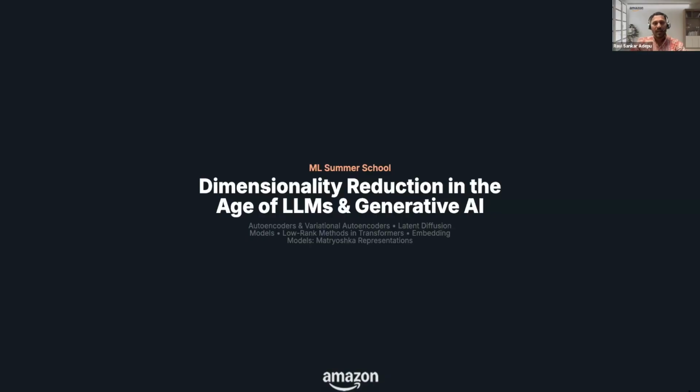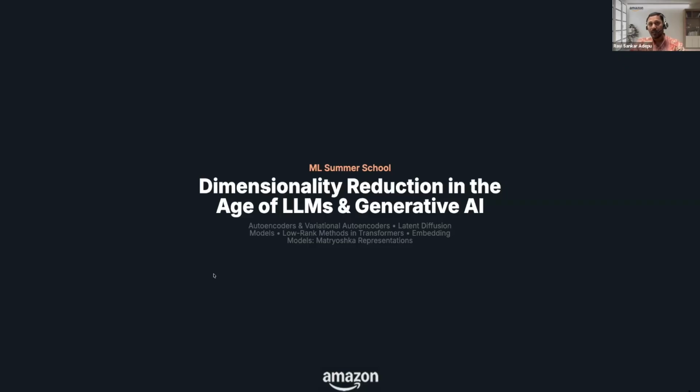I split this session into four subparts. In the first part, we'll see autoencoders and slowly venture into more advanced techniques like variational autoencoders. In the second part, I'll talk about another set of models, the latent diffusion models, followed by low rank methods in transformers, where we fine tune state of the art LLMs in a reduced dimension, a smaller subspace of the parameter space.